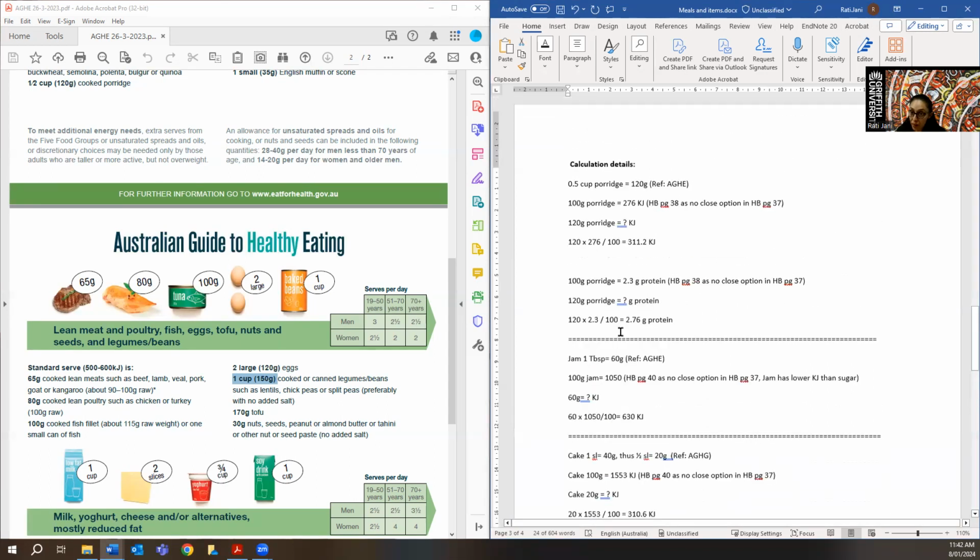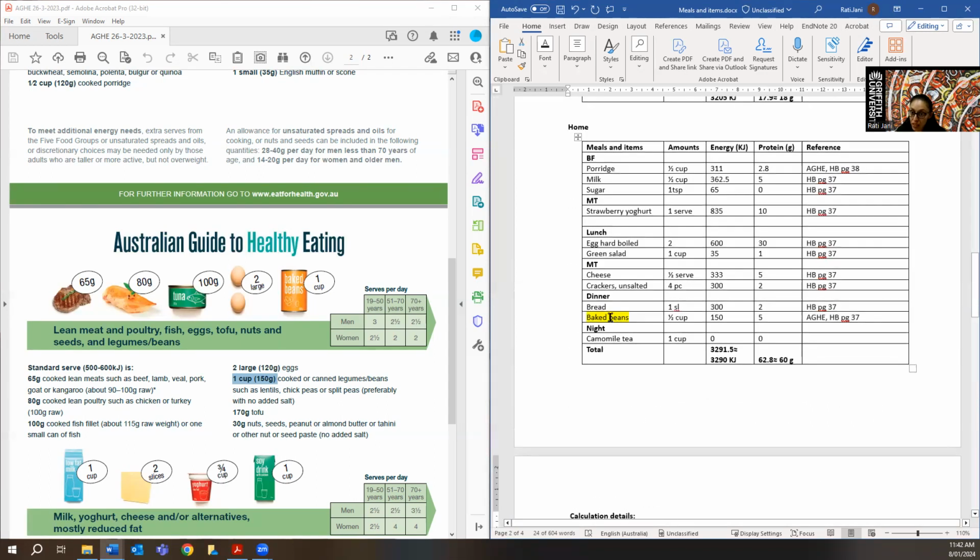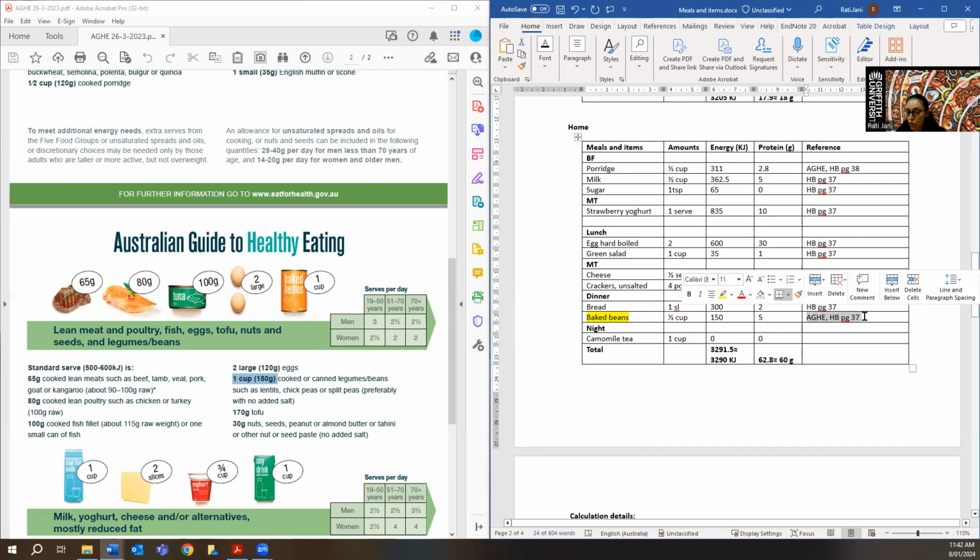But if I were to do that as a student in the exam, I would mention that I have gone to AGHG first, then to the handbook page 38, which in the 7th edition is the detailed ready reckoner. So I would say page 38, so I know exactly where you're getting your numbers from.